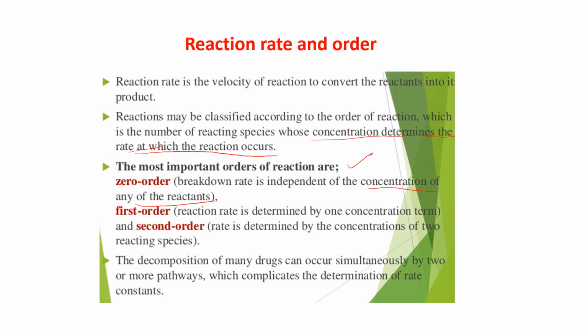First order: the reaction rate is determined by one concentration term. And second order: the rate is determined by the concentrations of two reacting species. The elaborate explanation of all these things I'll give you in the next video.